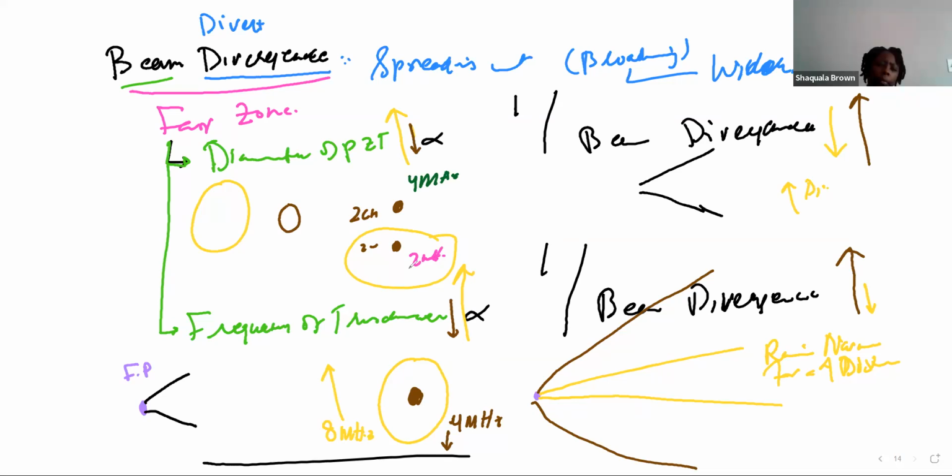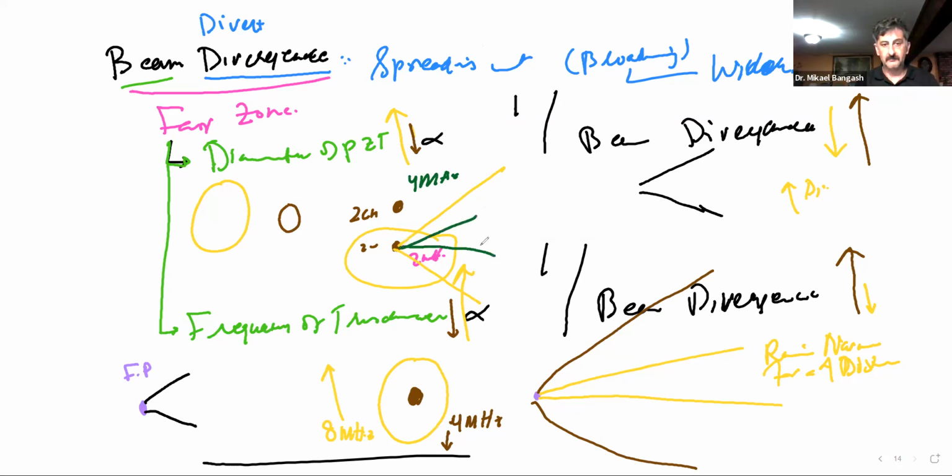Why? Because of the lower frequency. What would that greater divergence mean? That the beam is going to diverge like this. Here, they were same size PCTs, but just because this one had a higher frequency, there's a lesser divergence. Did that make sense?